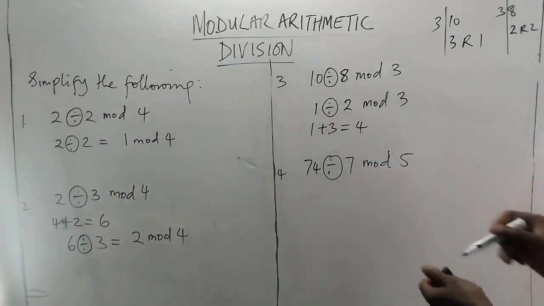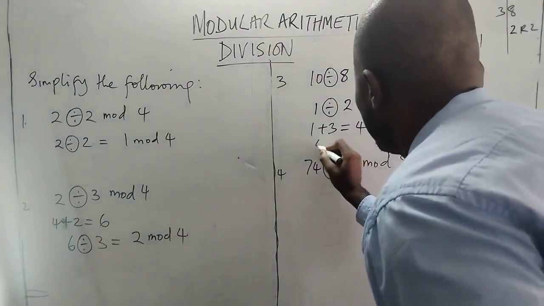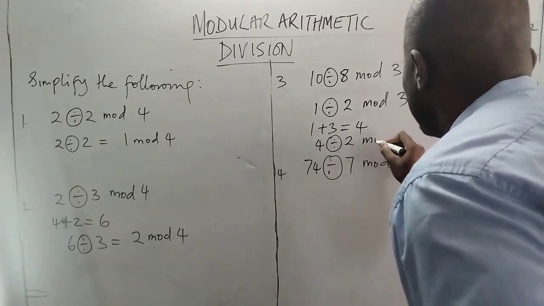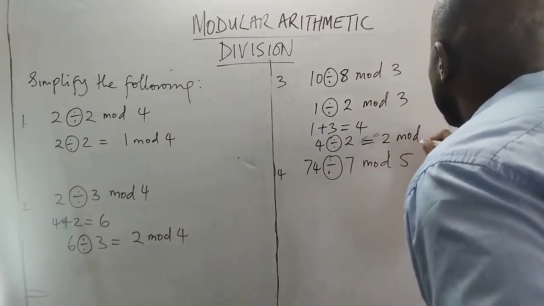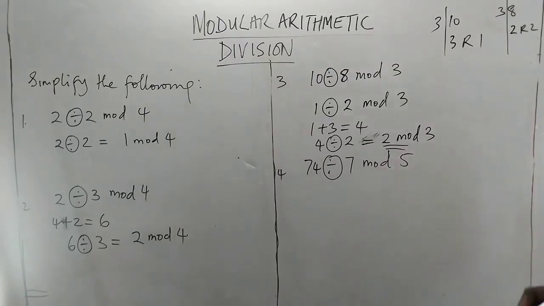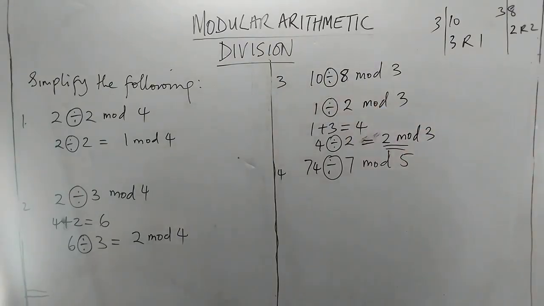Is 4 divisible by 2? Yes. We'll now say 4 divided by 2. The result is 2 mod 3. So this is the final answer to this question. 2 mod 3. The final answer to 10 divided by 8 mod 3.